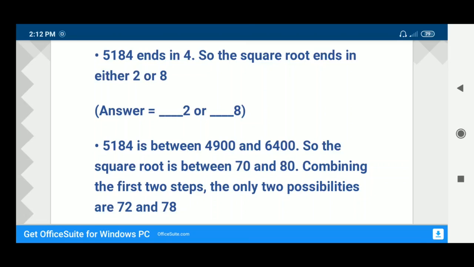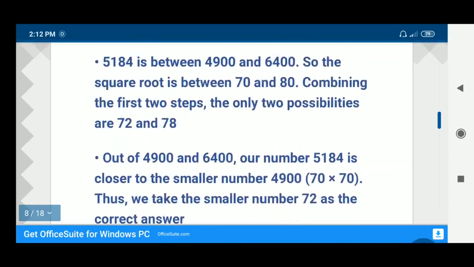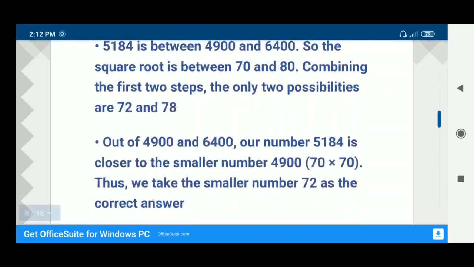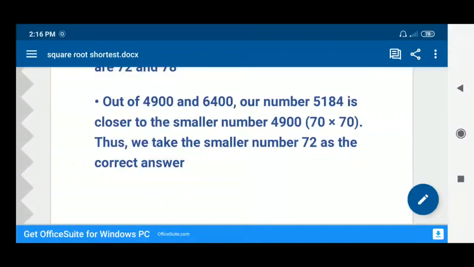Combining the first two steps, the only two possibilities are 72 and 78. Out of 4900 and 6400, our number 5184 is closer to the smaller number, 70 squared, 4900. Thus we take the smaller number 72 as the correct answer.